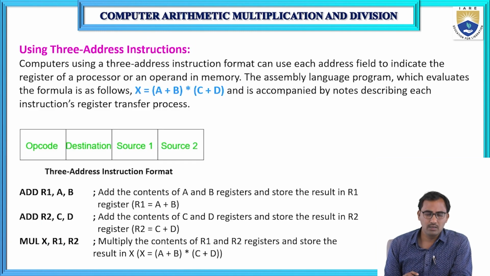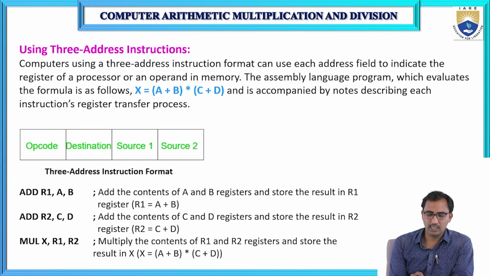And coming to using three address instruction. In the one address instruction we have only one operand, in two address instruction we have two operands, and in the three address instruction we have three operand fields.